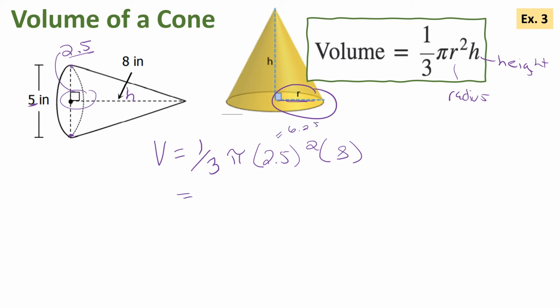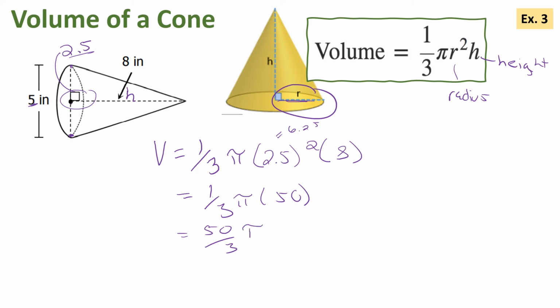And then I'm going to multiply that by 8. That is 50. So I have 1/3 pi times 50. And then I could do 1/3 times 50, which is 50 over 3, because 1 times 50 is 50, and then 3 times 1. But that is, 1/3 times 50 is 50 over 3.